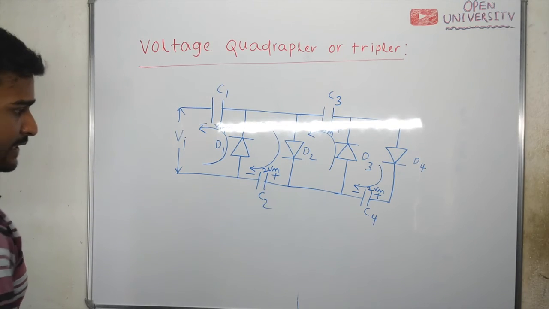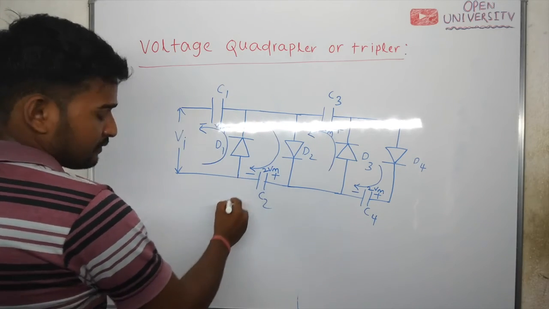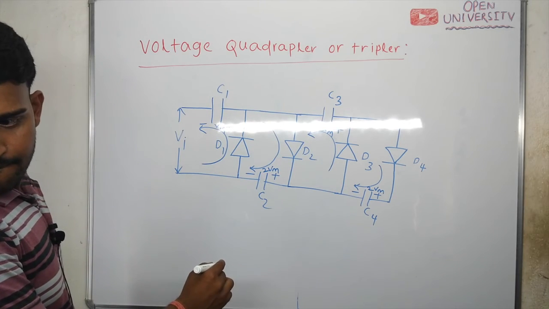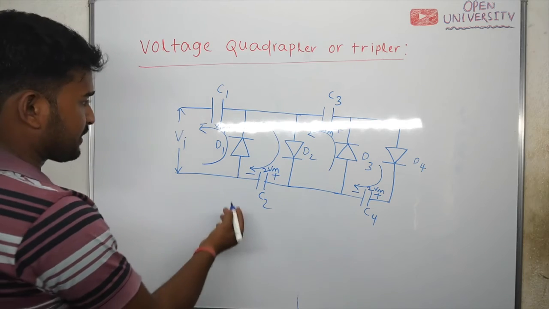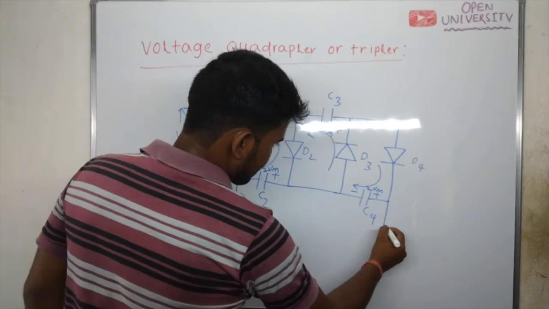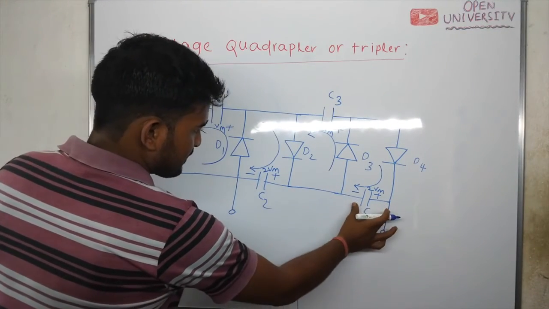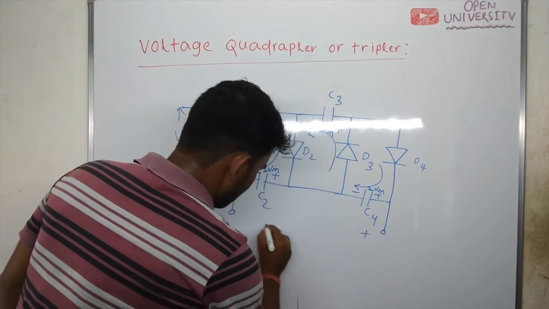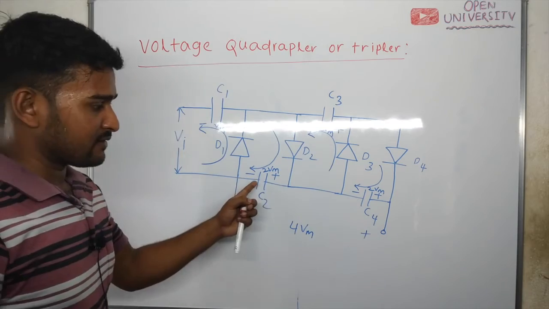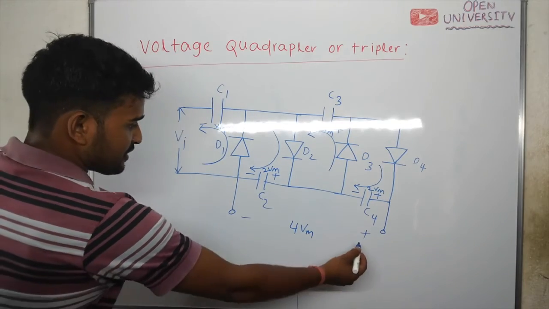If you want to take the output across this and this, then what is the voltage you get? This voltage plus this voltage, it will be plus minus 4 Vm. If you take the output across C2 and C4, you get 4 Vm, this side positive and this side negative.